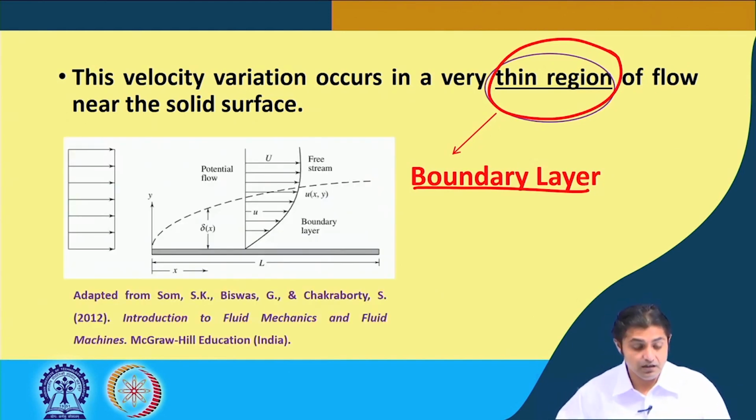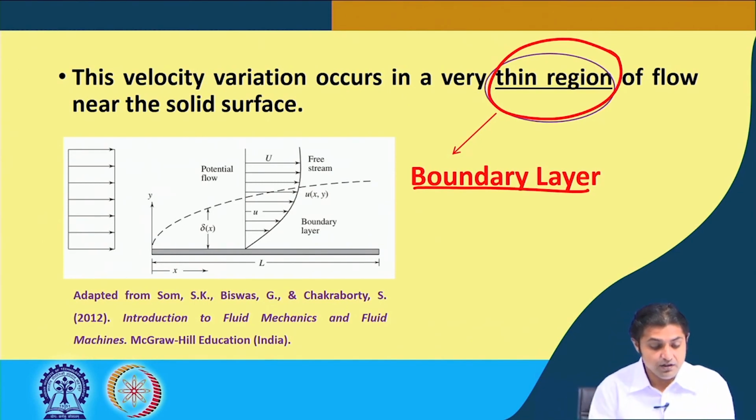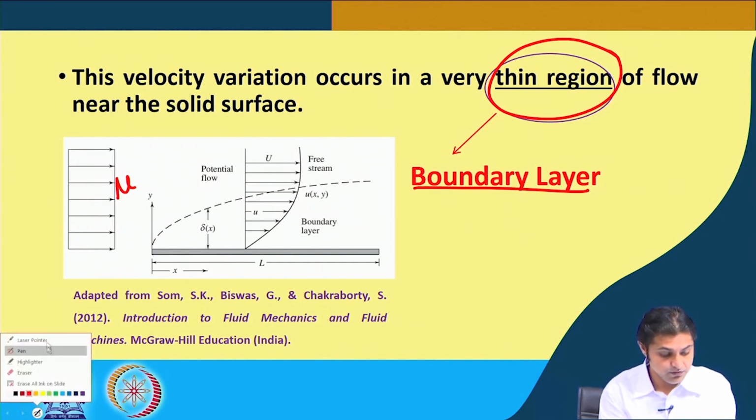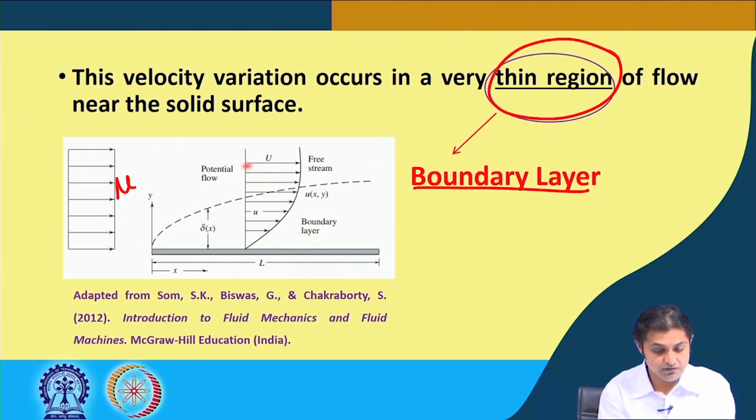This is the diagram which has been adapted from S.K. Som's book of fluid mechanics, Introduction to Fluid Mechanics and Fluid Machines. So what happens is, if there is a flow that has, suppose, the velocity u that is coming, and there is a flat plate of length L here, when it encounters the plate, there starts developing a thin region. So this is a thin region, and above this thin region the velocity will remain u, but below that the velocity will start varying.